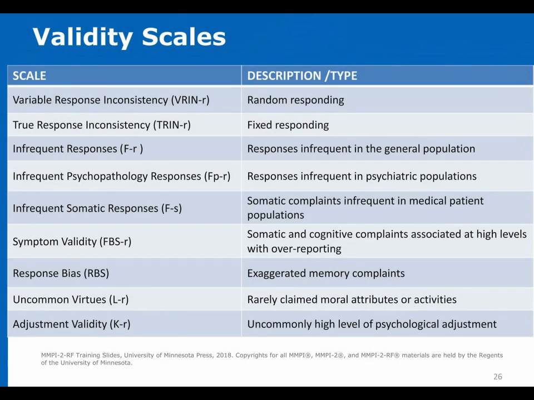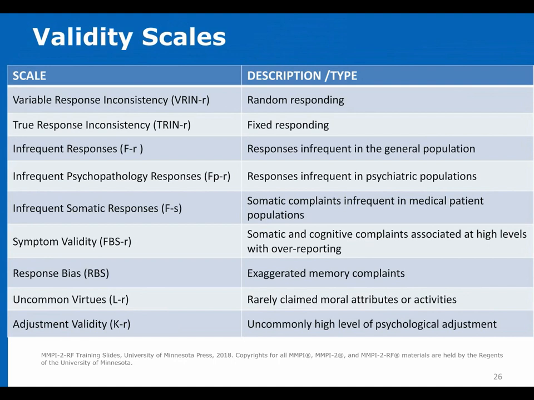So here we have the MMPI-2-RF validity scales and their descriptions. The first two scales listed, VRIN and TRIN, are intended to assess non-content-based invalid responding styles, both random responding and fixed true or fixed false responding. The next two scales, F and FP, are intended to assess over-reporting of psychological problems.